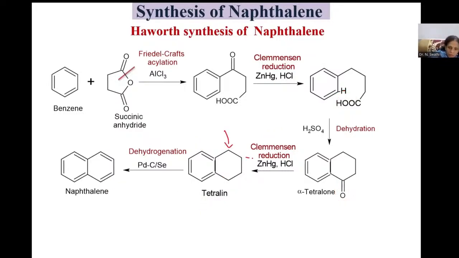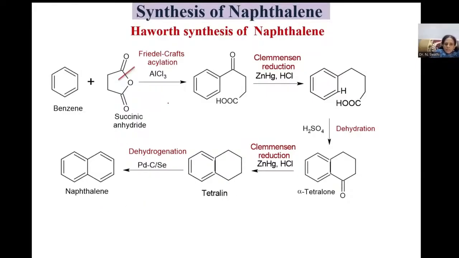To remove the four hydrogens from these four carbon atoms, carbon treated with palladium or selenium is used. By heating this compound, tetralin finally gives naphthalene. That is how, starting from benzene and succinic anhydride, we get naphthalene.